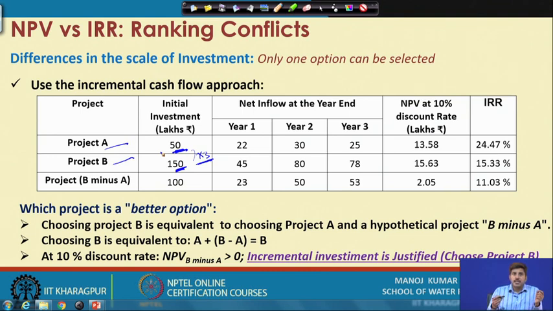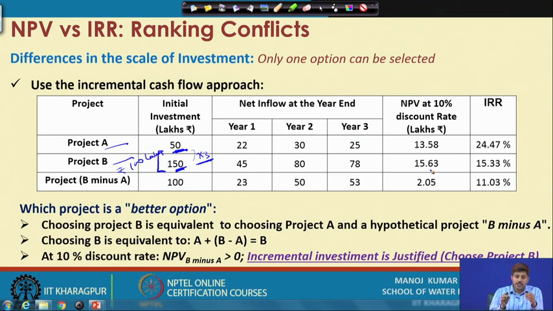Because these are mutually exclusive projects, we have to choose either project A or project B, but here the investment in project B is much higher, and the difference in investment is 100 lakh. So, is this 100 lakh investment in project B justified, because it is also giving a positive net present value, and we earlier saw that up to a certain discount rate we can choose project B over project A?